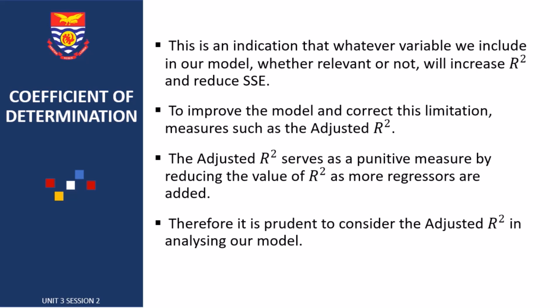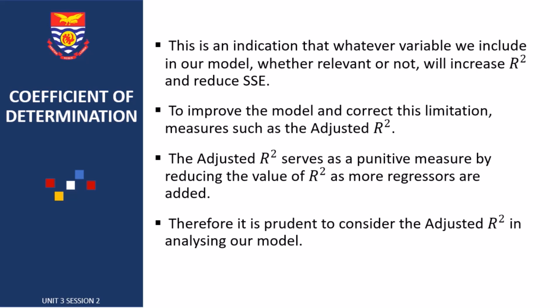So we find a sample that can represent the whole. Our aim is also to reduce the sum of squared errors. The errors that we acquire in our estimation, the hope is that we are going to reduce to the barest minimum.